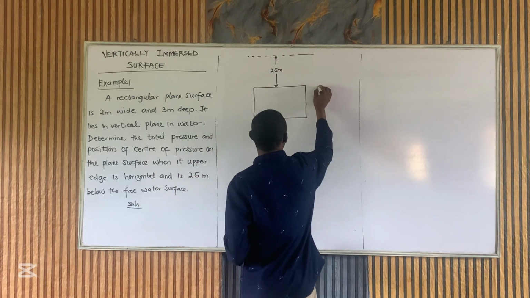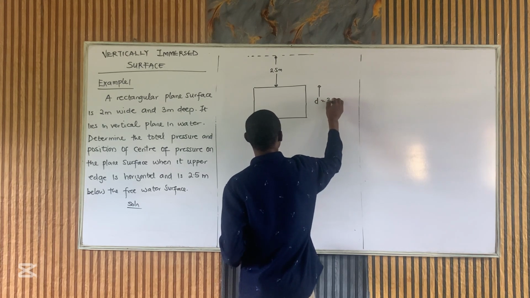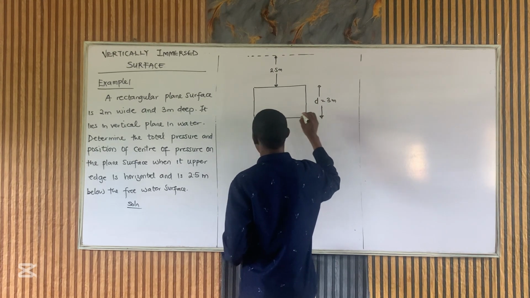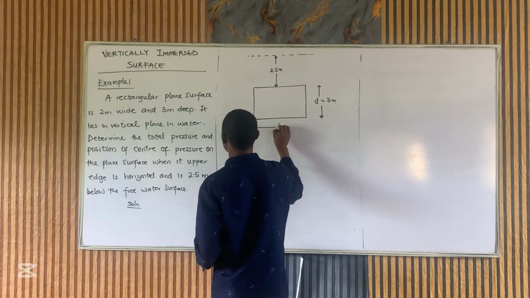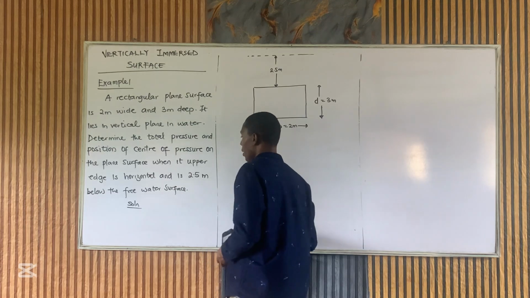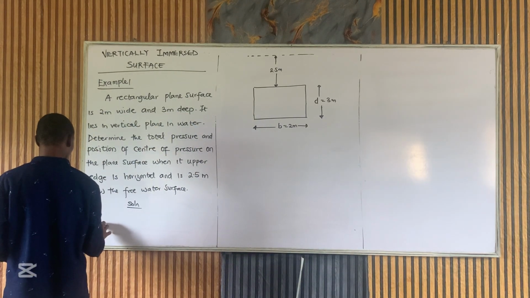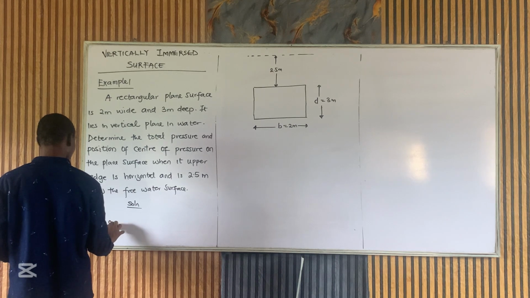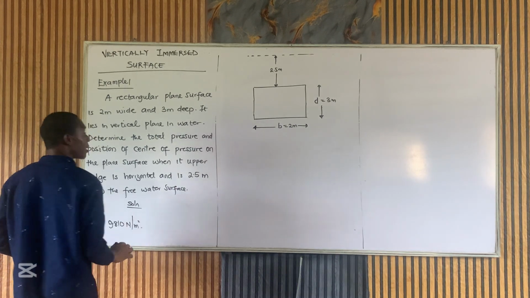And now, the depth of this shape is just 3 meters. And then the wideness, which is the base, is 2 meters. Okay. Now, since it was immersed into water, the specific weight of water is 9,810 Newton per meter cube.